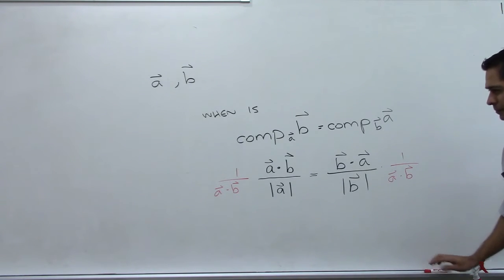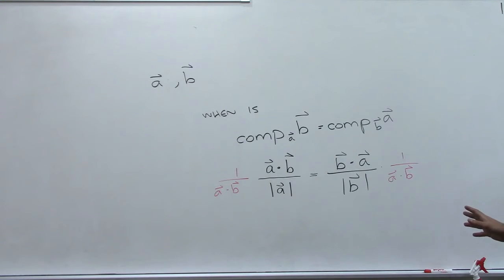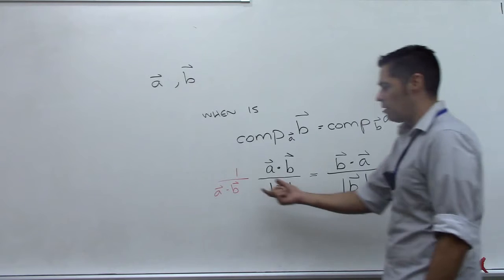Now I'm assuming something here. I'm assuming that the dot product's not 0, or else I can't do this.